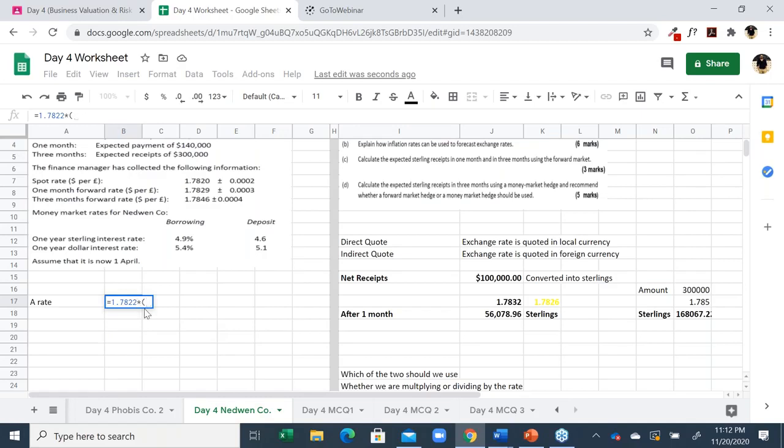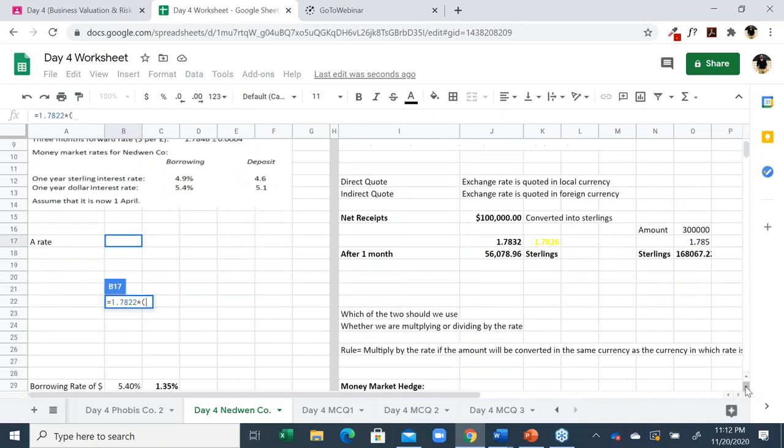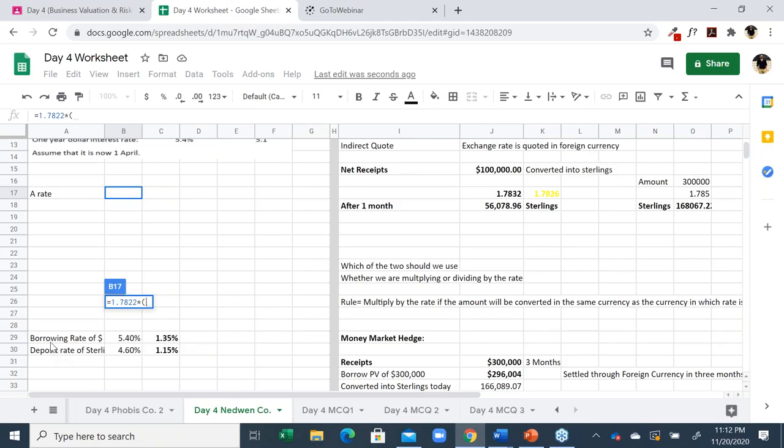Okay. And as I told you, in the numerator, we should always take the rate in which the currency exchange rate is quoted. The exchange rate is quoted in dollars, so in the numerator, we should pick up the interest rate of dollars. But which one, borrowing or deposit? That will be told by this one. We should pick the US dollar borrowing rate in the numerator, and I should add 1.